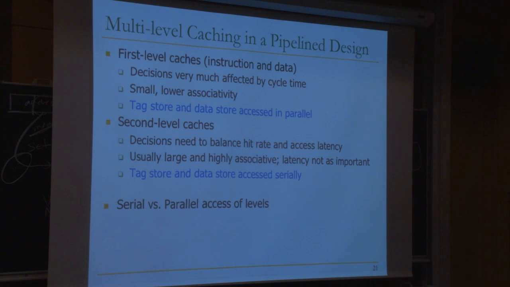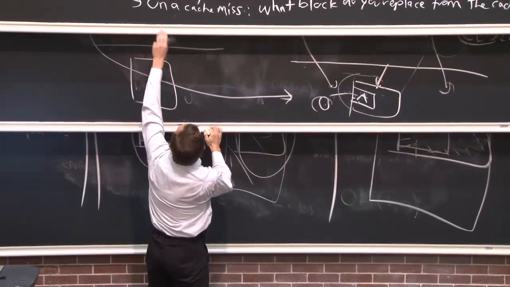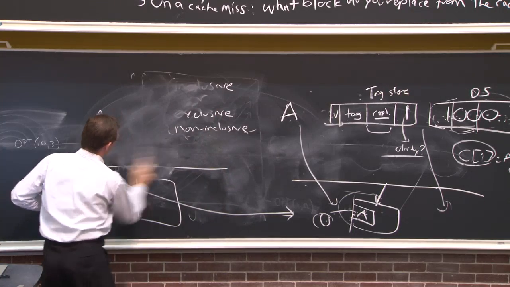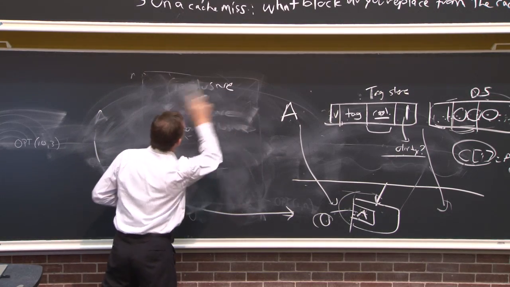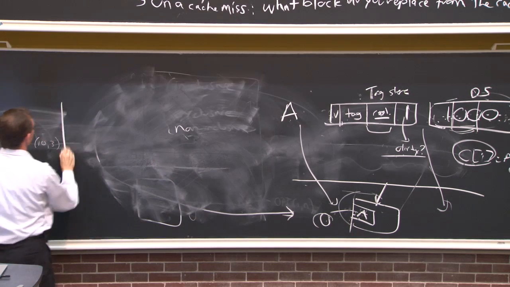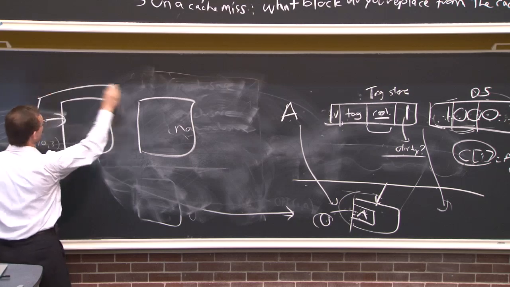So what benefit does this give you? This is another design decision that you need to make in your caching, right? Do you actually access the tag store and the data store at the same time?